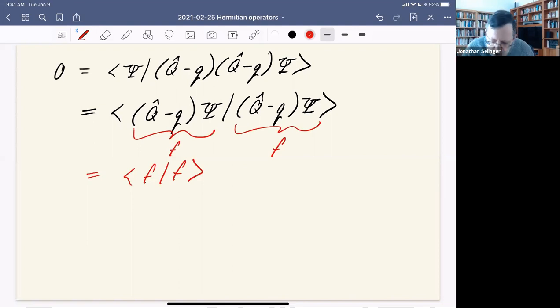All right, so therefore F equals 0 everywhere for all x.